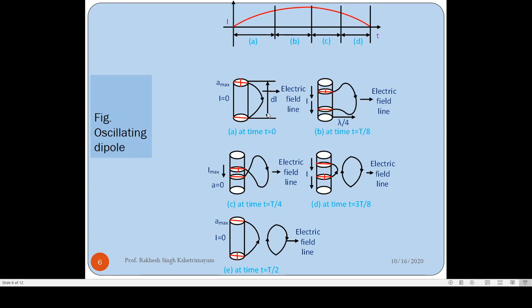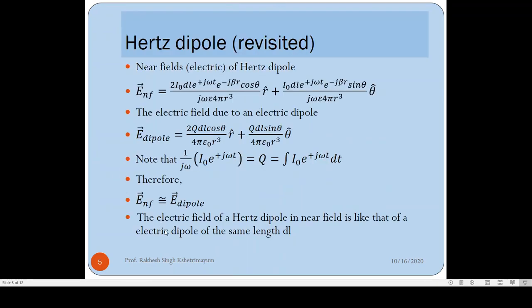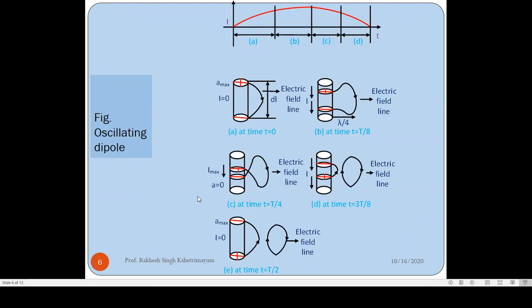This is the model you can assume for the Hertz dipole, since from the relation we derived, the electric field in the near field of the Hertz dipole is equivalent to the electric field of an electric dipole. So I can assume that the Hertz dipole is an electric dipole with a plus charge and a minus charge, and the distance between the two charges is dl.